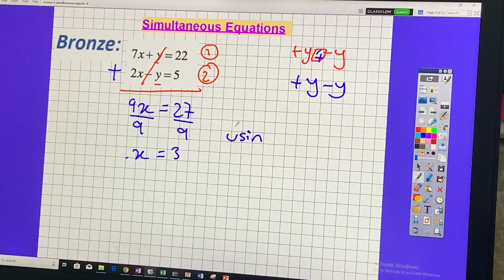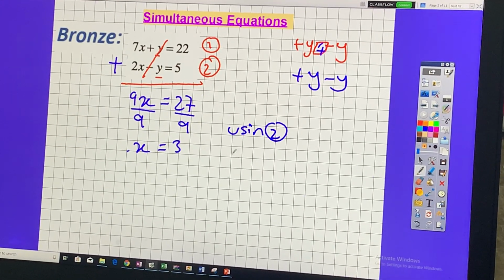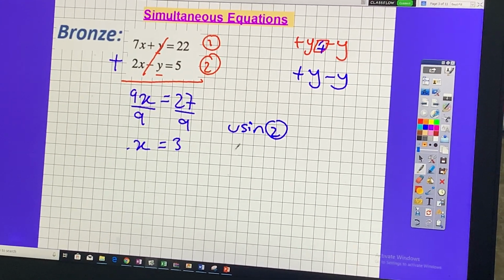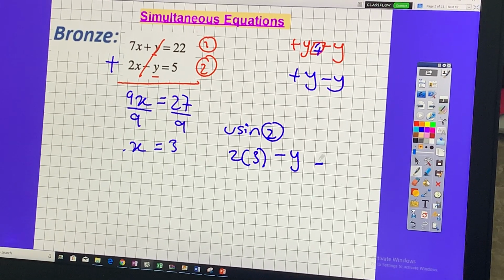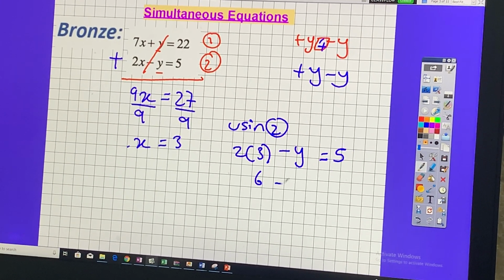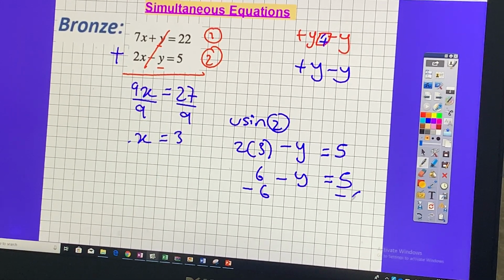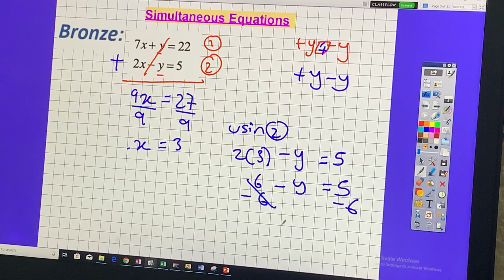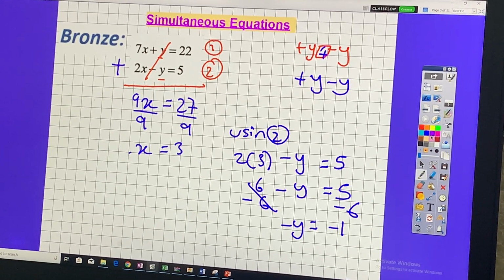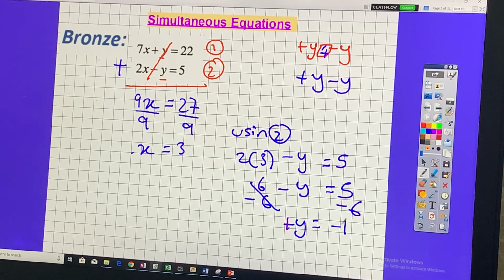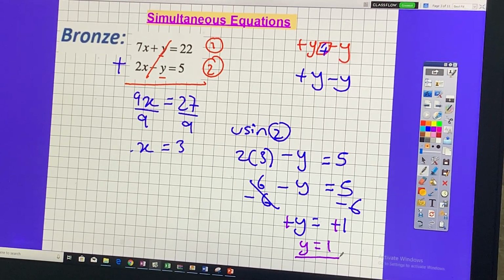I will sub it into equation 2. Using 2, I'm going to do 2 times 3 minus y equals 5. 6 minus y equals 5. Minus 6 on both sides. Minus y equals minus 1. If you are really clever, you should know that the minus and minus cancel off, and y becomes 1.